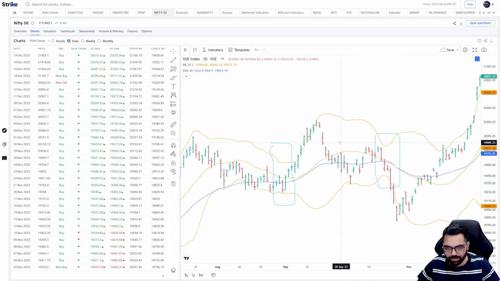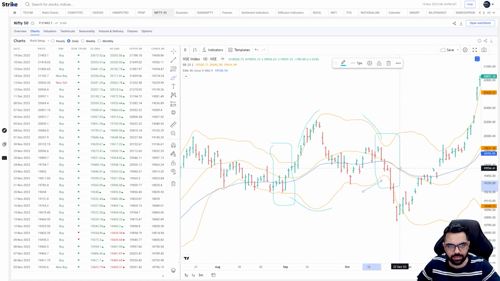These are times when volatility is low, followed by a time when volatility increases and the price breaks out on either side, which is seen as expansion in the Bollinger Bands. So bands expand when volatility increases and contract when it falls, which is known as the Bollinger Band squeeze. And then again, when there is a breakout on either side, they expand. So this is the basic working of Bollinger Bands.